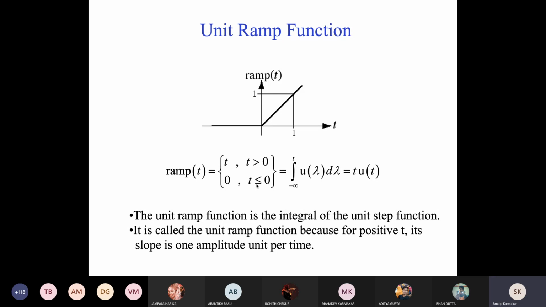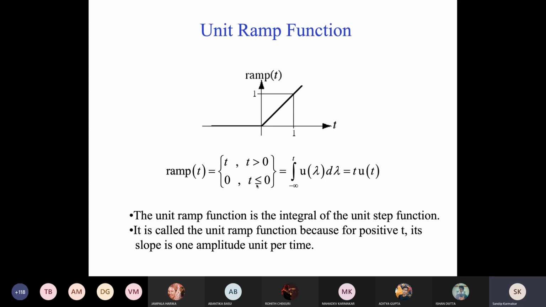And then you have from 0 to t, where the value is 1. So the value will be t into u(t), right? So the unit ramp function is the integral of the unit step function. It is called the unit ramp function because for positive t, its slope is 1 amplitude unit per unit time. Clear? So this is the unit ramp function.